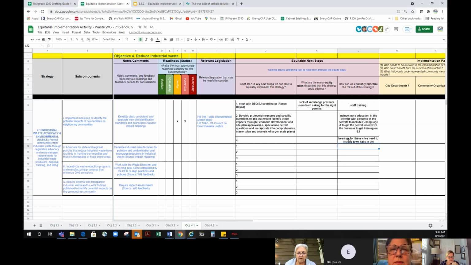I think we're getting at it. I think I agree with that. But looking at just that one subcomponent, implement measures to identify potential impacts, trying to complete that thread is where I was coming from, because it was the new facilities that are creating the change.